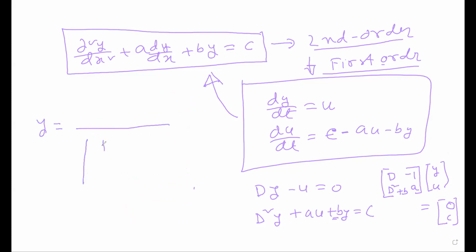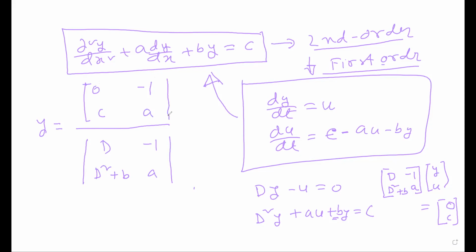That determinant is D, -1, D2, which is not D square. Be careful about that. This is D2, double differential derivative, and a. And in this case, you have to replace your first column by 0, c. Then your second column will be, this is your Cramer's rule, is it not?